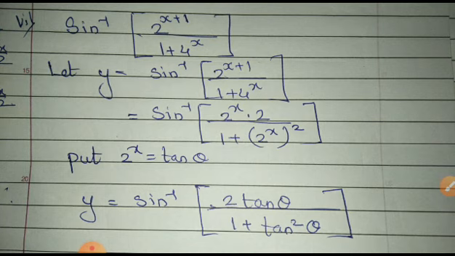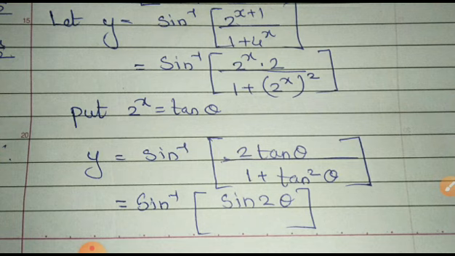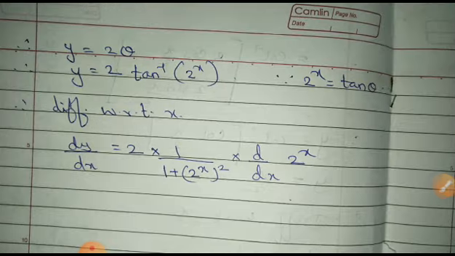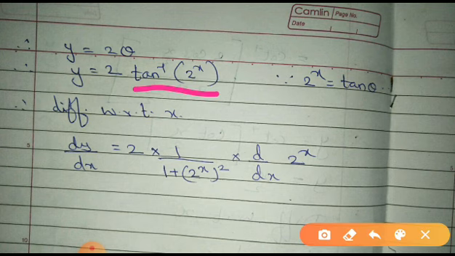I'll be getting 2 tan theta by 1 plus tan square theta. That is nothing but sine 2 theta. So I can write it as sine 2 theta. So this will get cancelled and I'll just get 2 theta. But what was my theta? Theta, I can write as tan inverse of 2 raised to x.